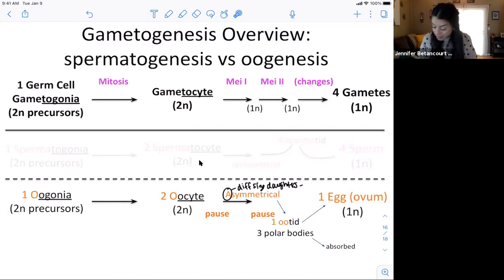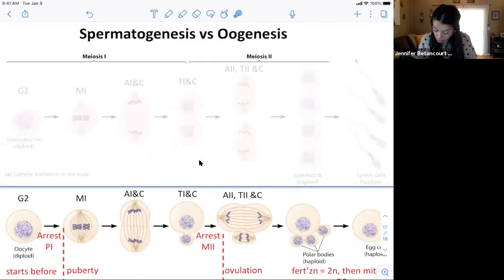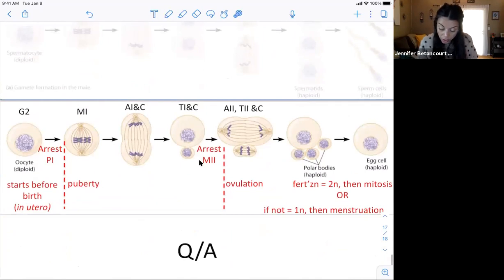Let's take a look at this. Okay, so here we are. For males, spermatogenesis happens at the start of puberty, and that's when it happens daily until it stops happening. For human females, recall the oocyte is already developed from the oogonia.